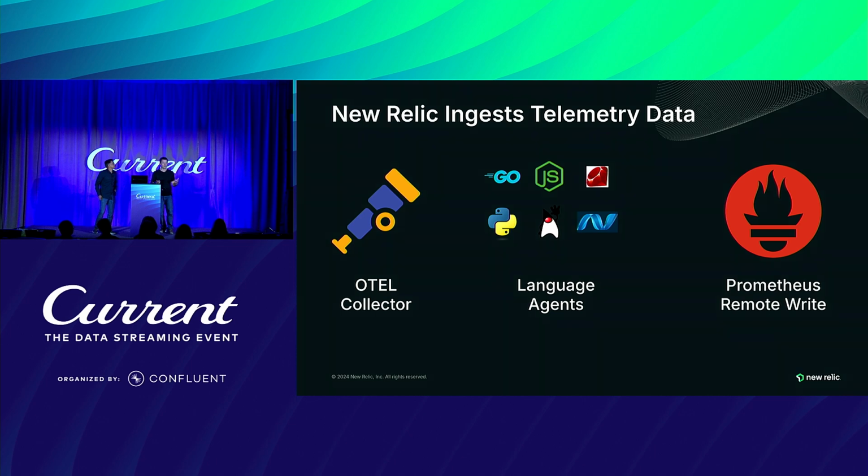In case you are not familiar with this company, New Relic provides monitoring observability capabilities for other companies. So basically, the idea is other companies are running things like OpenTelemetry collector, agents, Prometheus, basically sources of telemetry data, to know the status of their systems, and they send all that data to us, to New Relic.